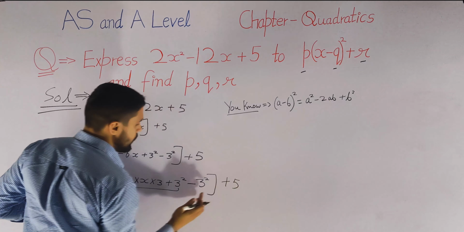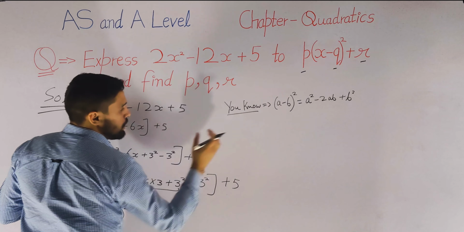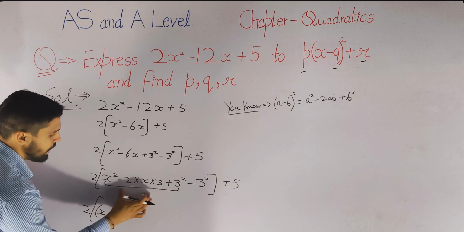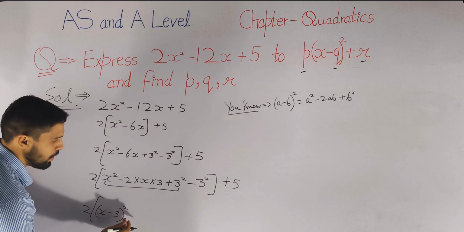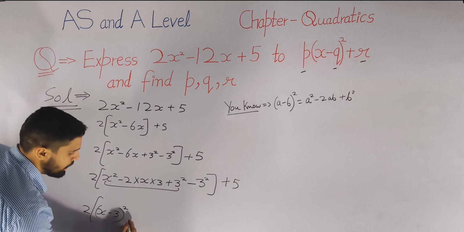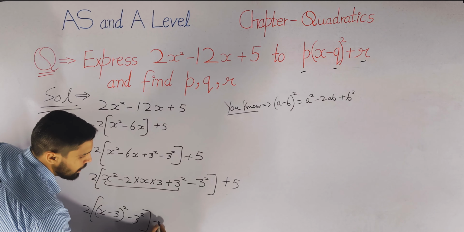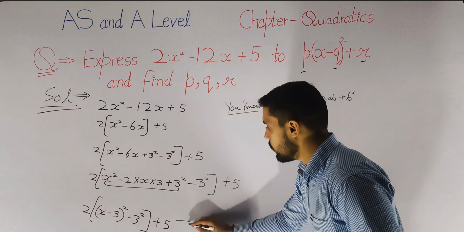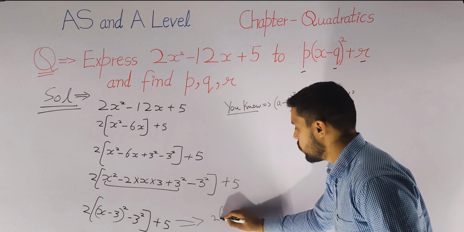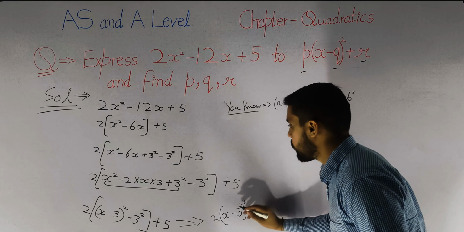If this expression is equal to this, you can write this expression as this. That's why we have x minus 3 whole square, and write negative 3 square as it is, and write plus 5 as it is.